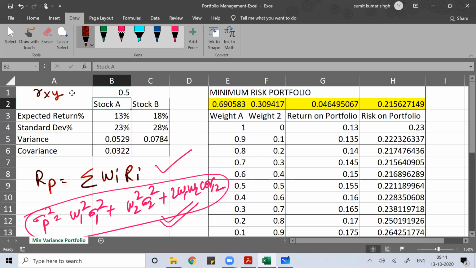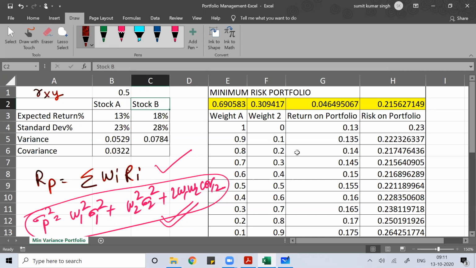I want to create a portfolio of stock A and stock B, and we know that we should create it so that the total risk on our portfolio is minimum. So what I can do is check what the weights should be, how much money I should put in stock A and how much in stock B, so that my total risk is minimum.